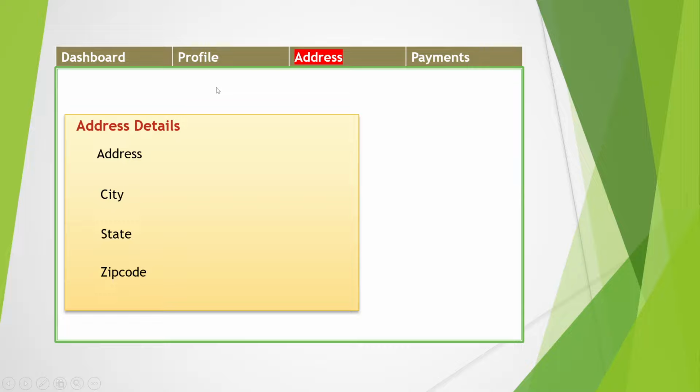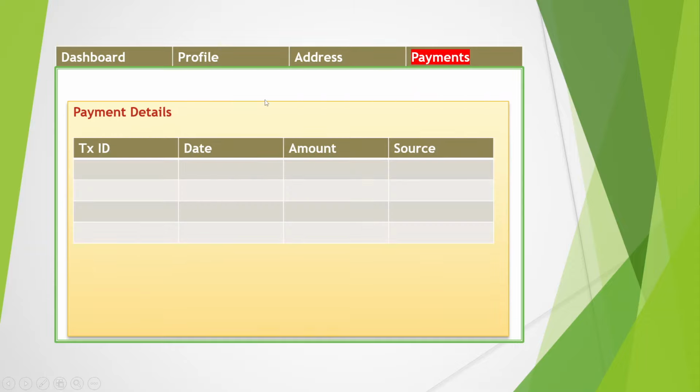The moment I click on the address tab, the address related service will be invoked by passing the same customer ID again, and address details will be shown on the screen. The moment I click on payments, the payment related microservice, again by using the customer ID, will be invoked to show all the payments done by that particular customer ID.